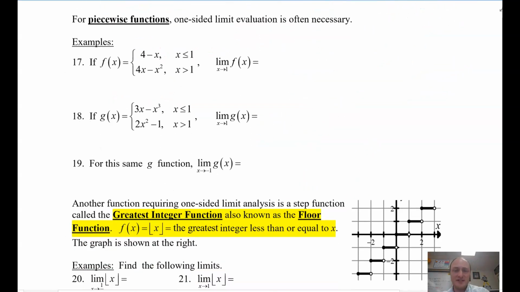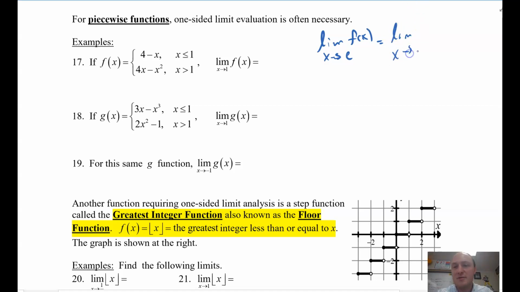The second topic of this lesson is piecewise functions. We're going to calculate the limit of piecewise functions. The problem with piecewise functions is they have a break. They're in pieces. So in order for the limit of a function f of x as x approaches c to exist, the left and the right limits have to be equal.